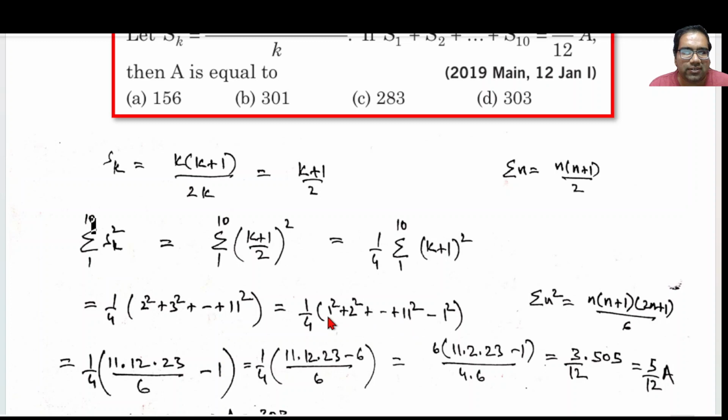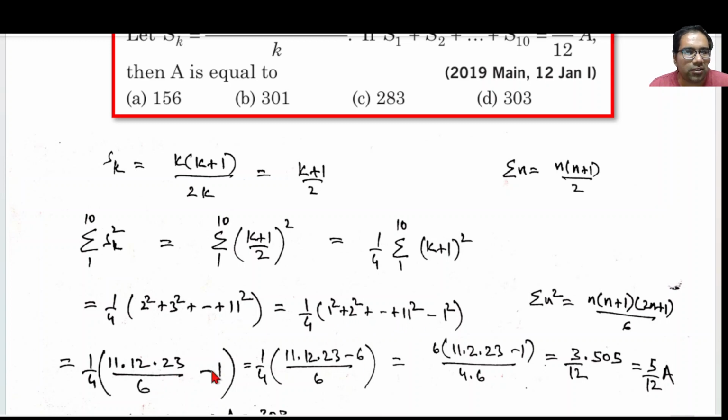This is n into n plus 1 into 2n plus 1 by 6. Here n is 11. So 11 into 11 plus 1, which is 12, into 2 times 11 plus 1, which is 23, by 6. This part becomes 11 into 12 into 23 by 6, minus 1.